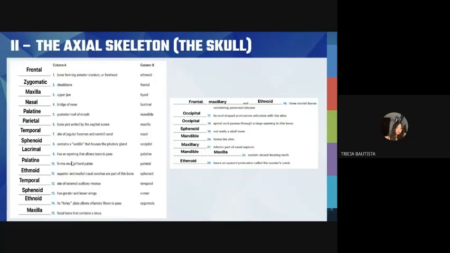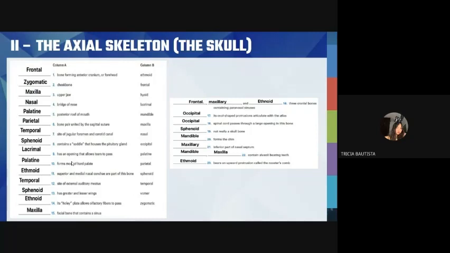Number 14, its crista galli and cribriform plate allow olfactory fibers to pass. Our keyword is ethmoid. Number 15, facial bone that contains a sinus. It is part of the maxilla. Number 16, three cranial bones containing paranasal sinuses.